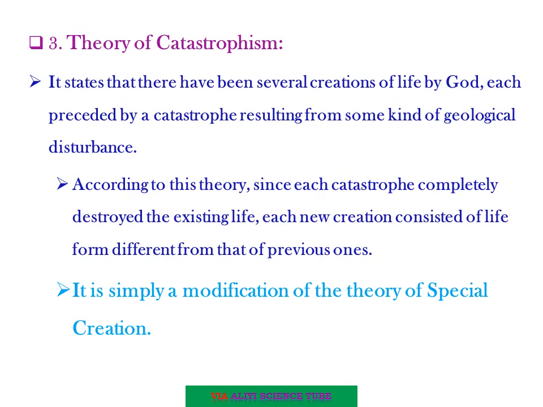According to this theory, since each catastrophe completely destroyed the existing life, each new creation consisted of life different from the previous ones. It is simply a modification of the theory of special creation.